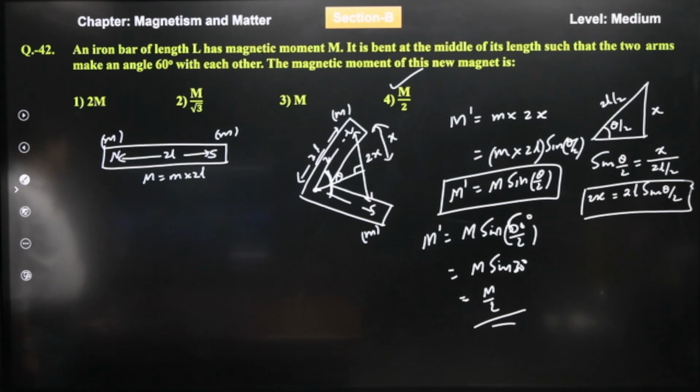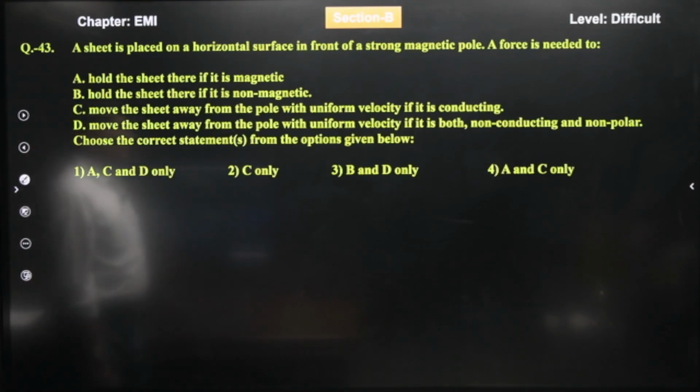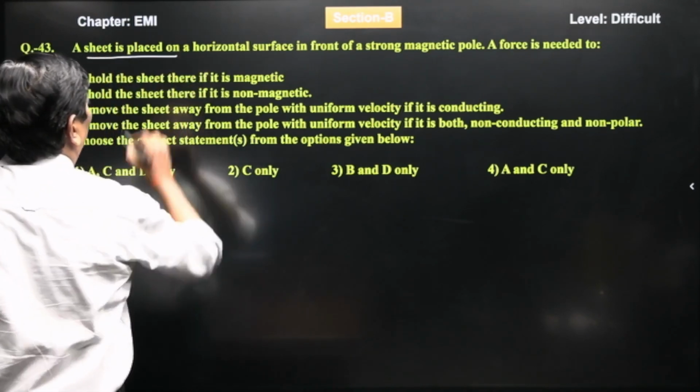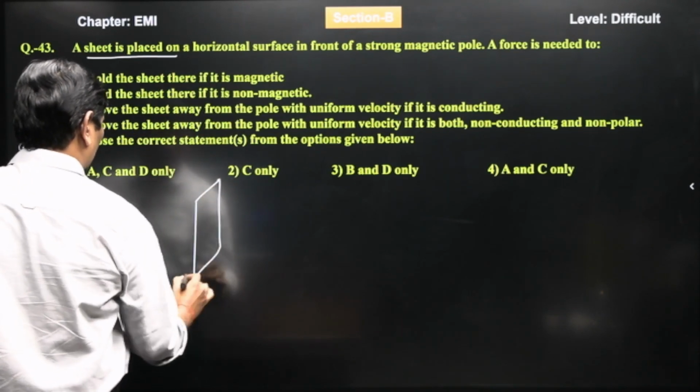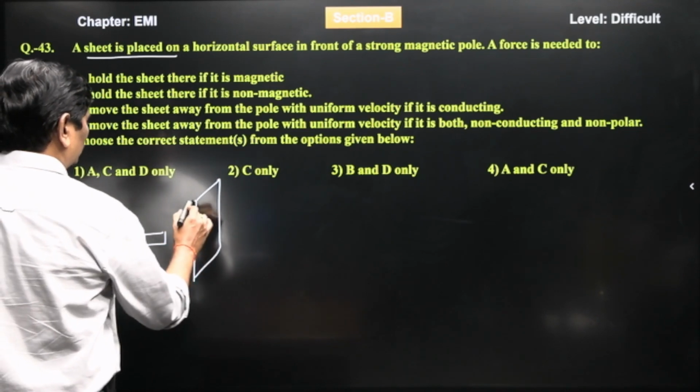Okay, we move to the next one. It is a conceptual question. A sheet is placed on a horizontal surface in front of a strong magnetic pole. Suppose this is the sheet, placed in front of a strong magnet.